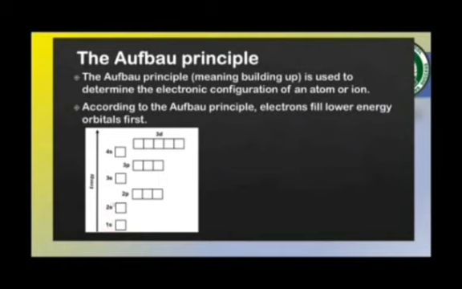Then we have the 2s atomic orbital, then the 2p, which are degenerate orbitals, which means they all have the same energy. Then moving on to the 3s orbital, then the 3p orbitals, which are degenerate orbitals, all have the same energy. Then next is the 4s orbital, which is lower energy than the 3d orbitals.